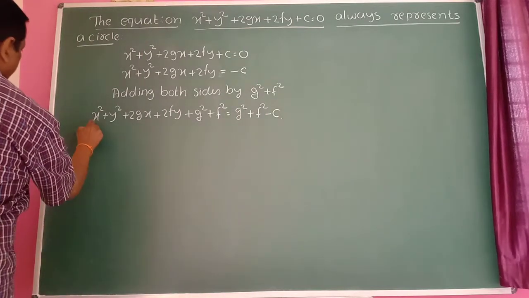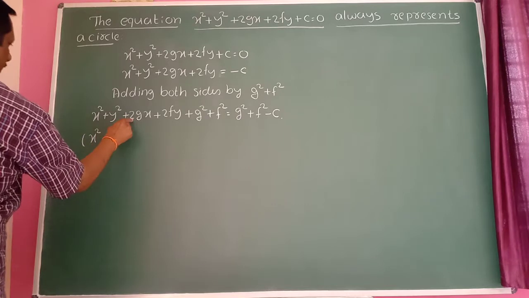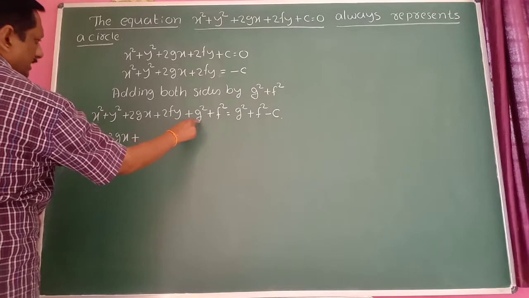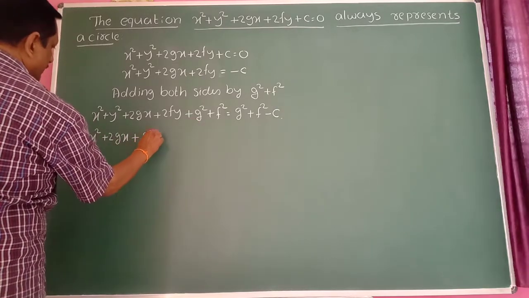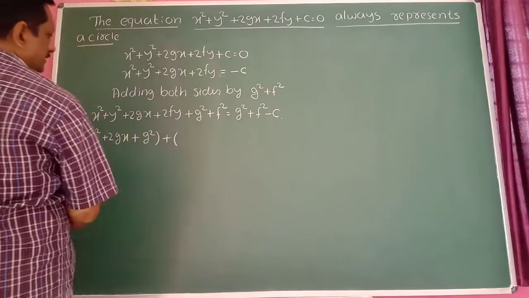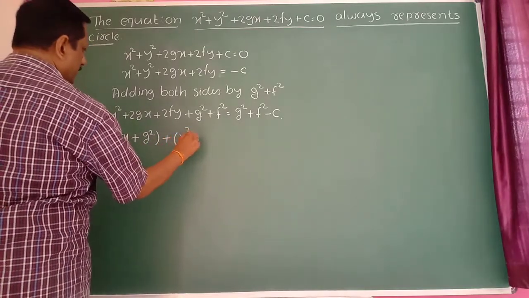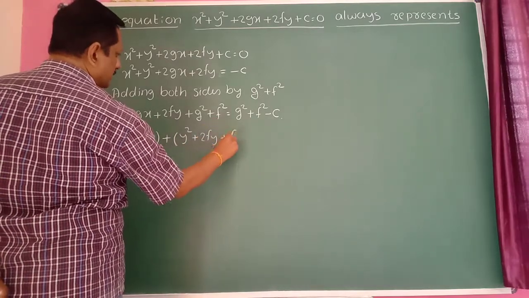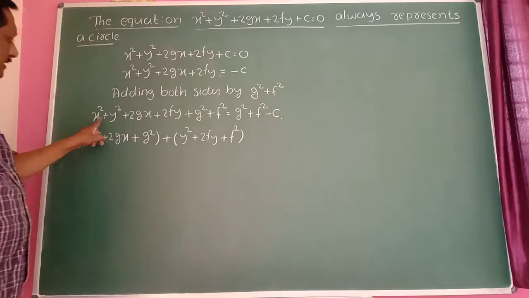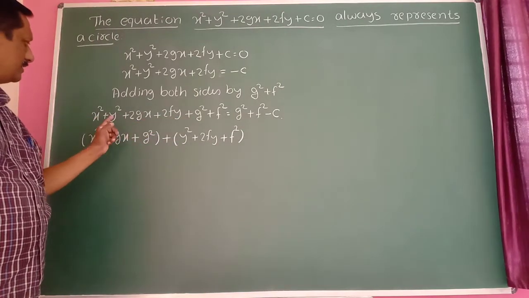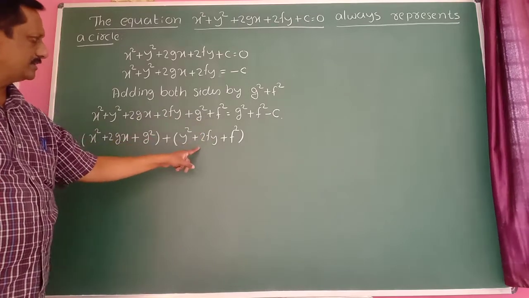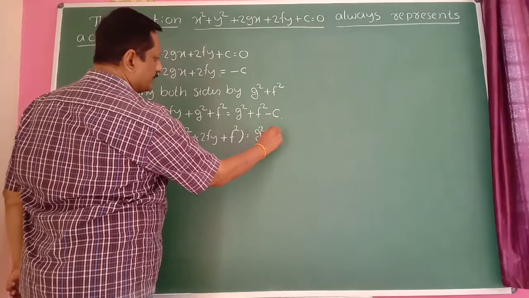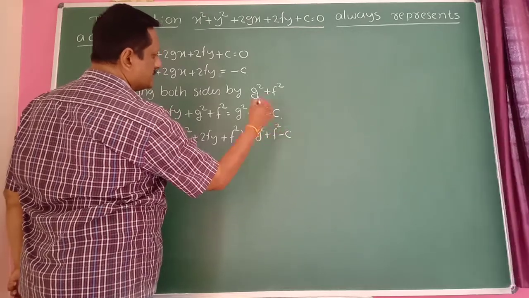Then write the x square term plus 2g into x term plus g square in one bracket, plus y square plus 2fy plus f square in another bracket. And the right hand side, g square plus f square minus c, keep as it is.